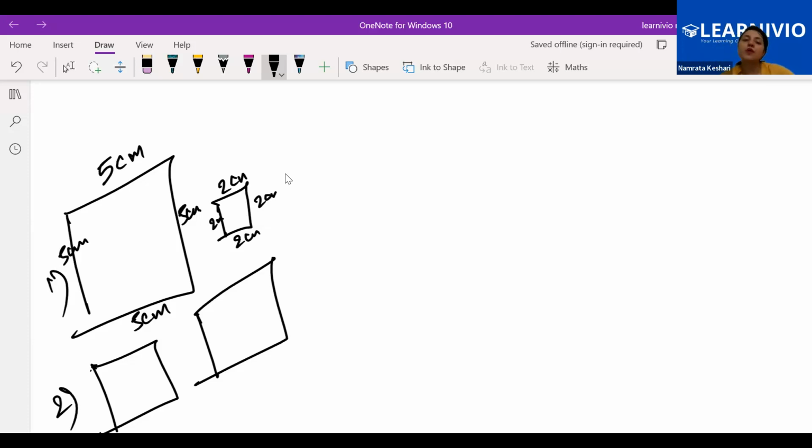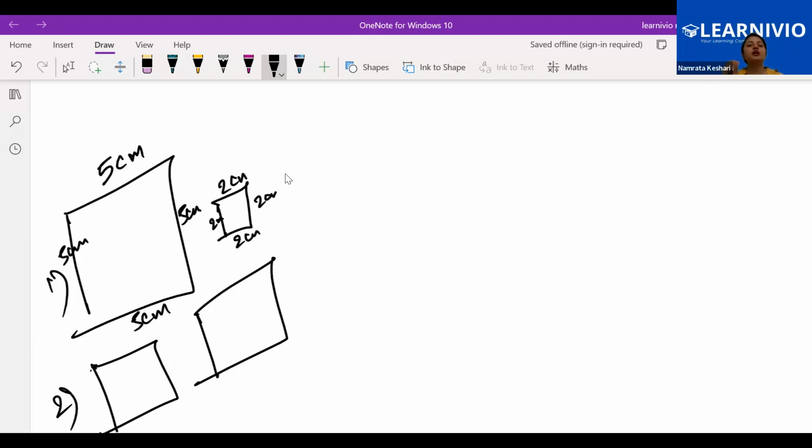So whatever two squares you are going to take, since a square is having just one measurement, that means all the sides are same. Eventually you will find that sides are coming in proportion only. And same goes for the circle also. In a circle, there is only radius.